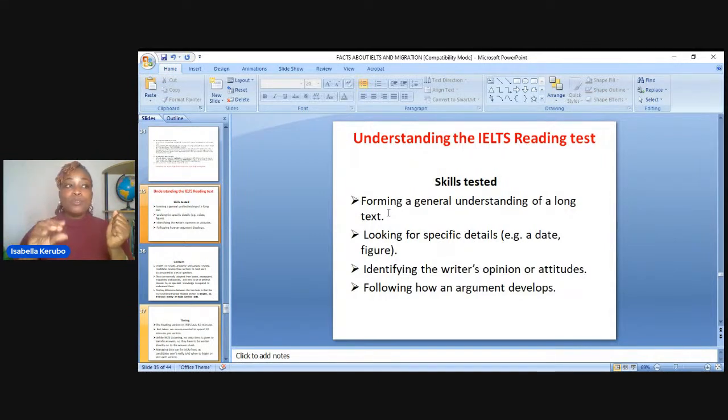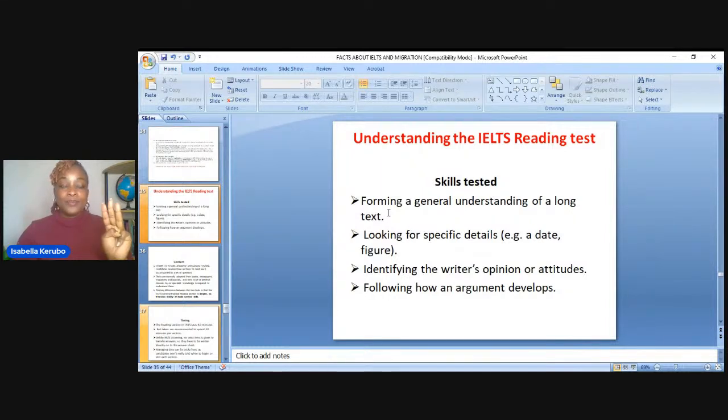Maybe you are supposed to look for specific dates of events, or specific features of something that is described in this text. This is the second skill that is tested in the IELTS reading test.